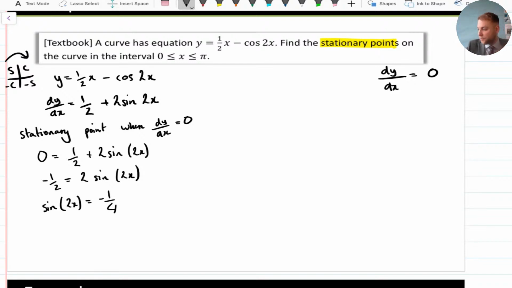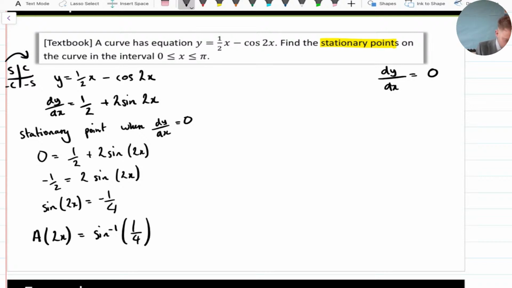So we're going to have to use our CAST diagram now. So we can say that my acute 2x is equal to sine to the minus 1 of a positive quarter. So remember, I'm trying to find the acute angle for this. So shift sine to the minus 1 of 0.25. I'm going to need it in radians, aren't I?